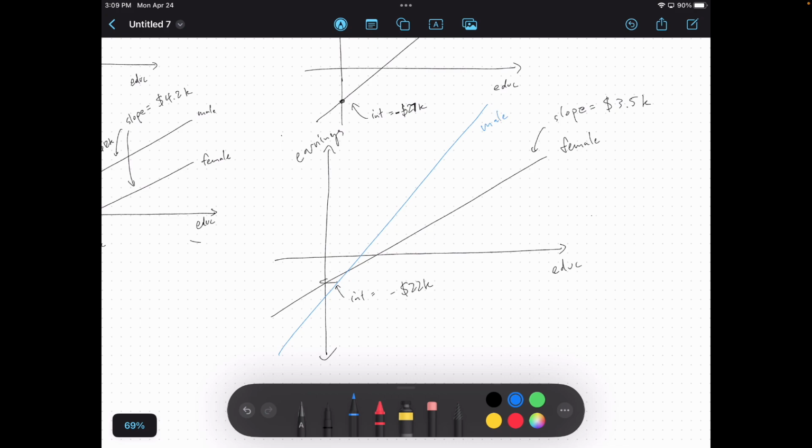Male slope is equal to 1.8k plus 3.5k, and our intercept would be equal to, what's the number? Minus 4k minus 22k, so about negative $26,000.